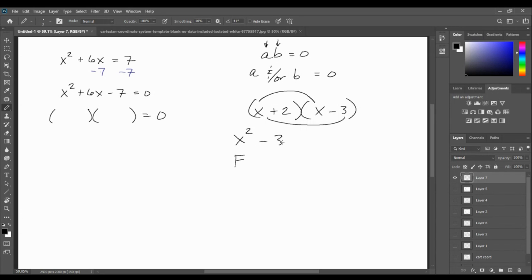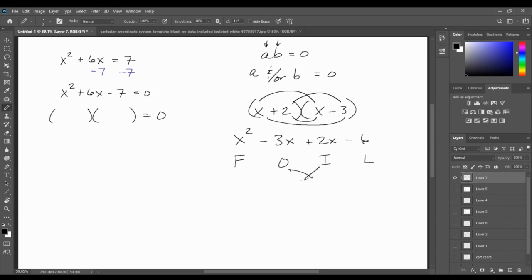Outside, inside, and last gives me the FOIL. Now the outside, inside always combine together. Well, I shouldn't say always, but when we have two binomials with the same arrangement with the first variable the same, they will combine together.